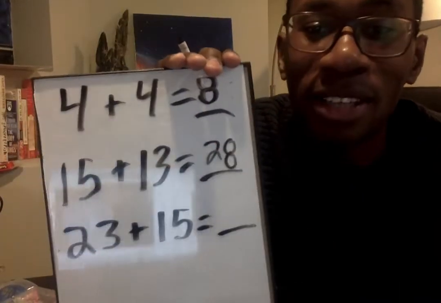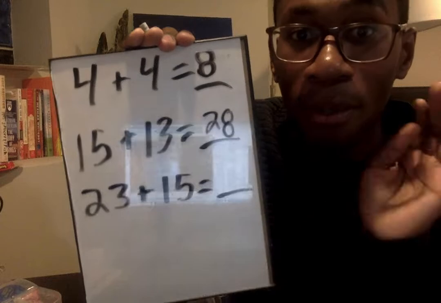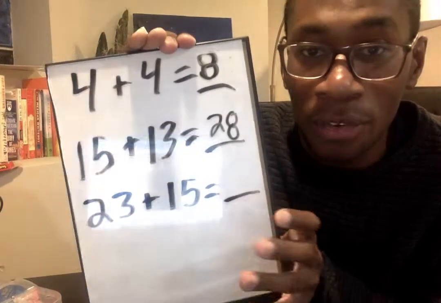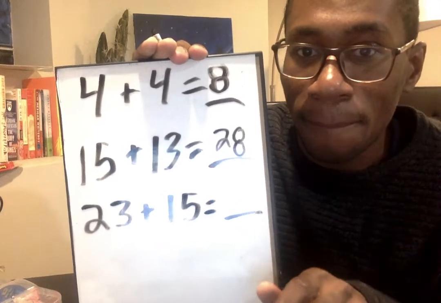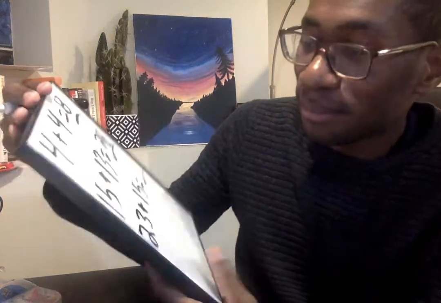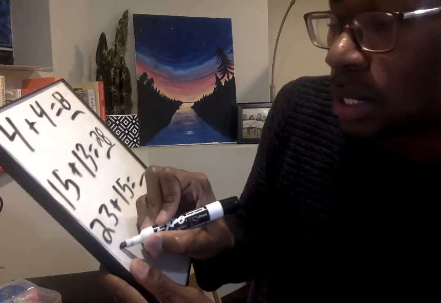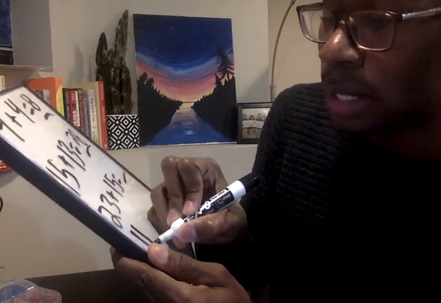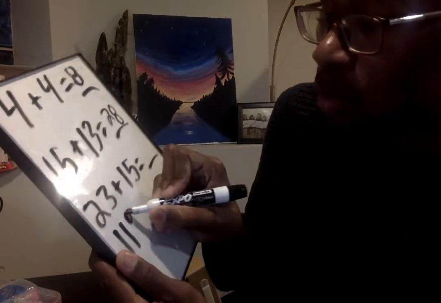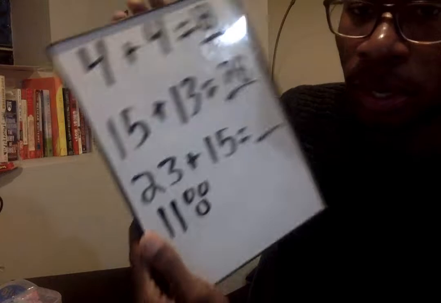Let's do 2 more. It's going to be tricky. Let's do 23 plus 15 equals blank. Okay, make sure you have your base 10 picture if you need to. Pause the video now. All right, are you ready? So 23. I know I have 2 10s, so I'm going to do 10, 20, 21, 22, 23, just like that.